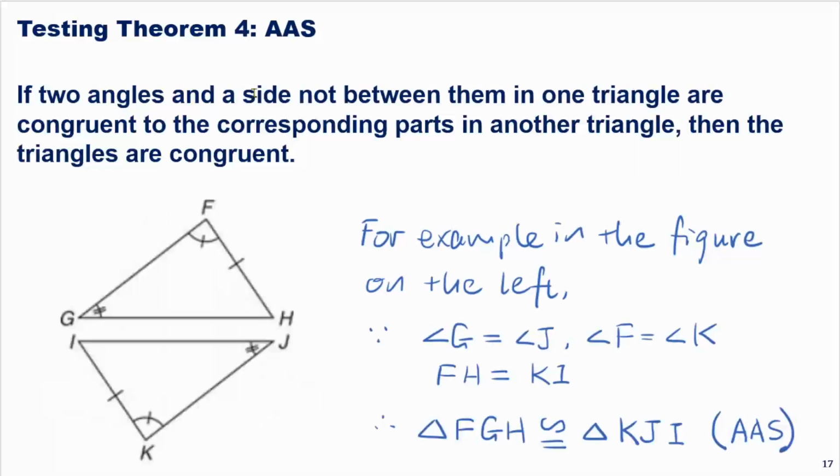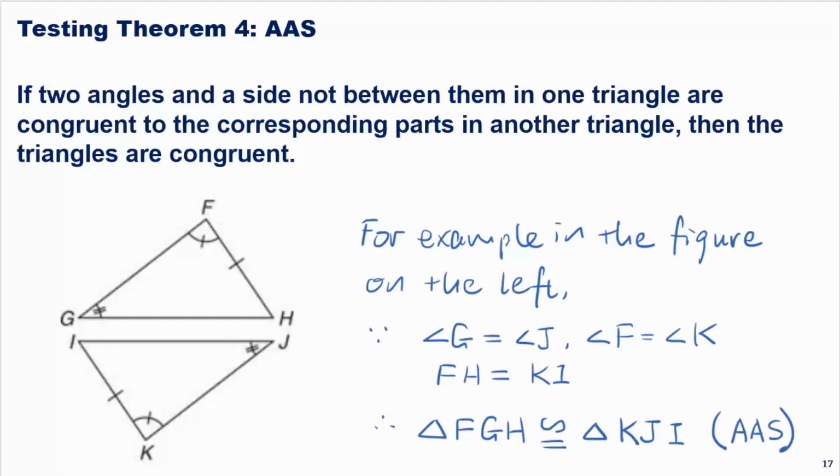And then this gives us the fourth testing theorem we can use, which is AAS, stating that if two angles and the side not between them in one triangle are congruent to the corresponding parts in another triangle, then the triangles are congruent.